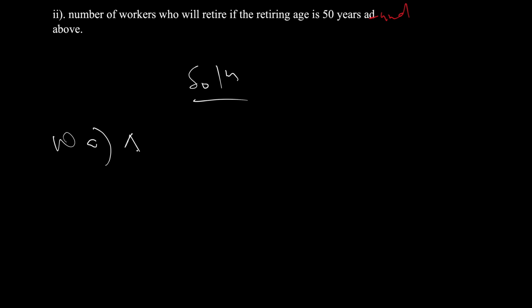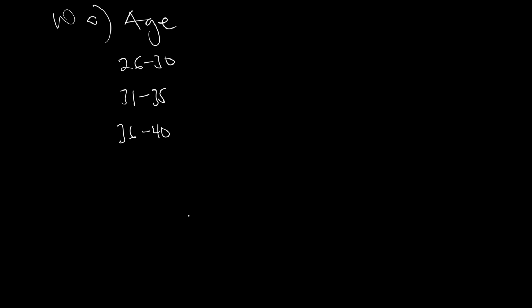So we have our age: 26 to 30, 31 to 35, 36 to 40, 41 to 45, 46 to 50, 51 to 55, then 56 to 60.